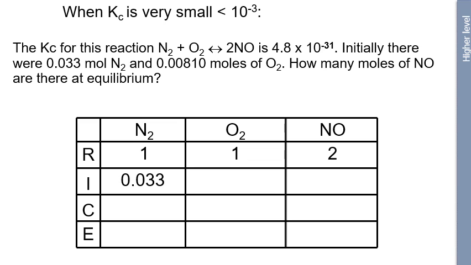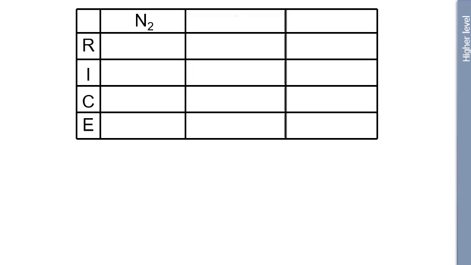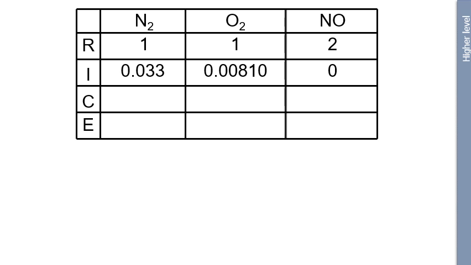So you've got 0.033 molar of nitrogen and 0.00810 moles of oxygen. And obviously that's going to be 0 because nitrous oxide hasn't been made yet. Okay, so then we go back to our RICE table. Okay, filling it in.